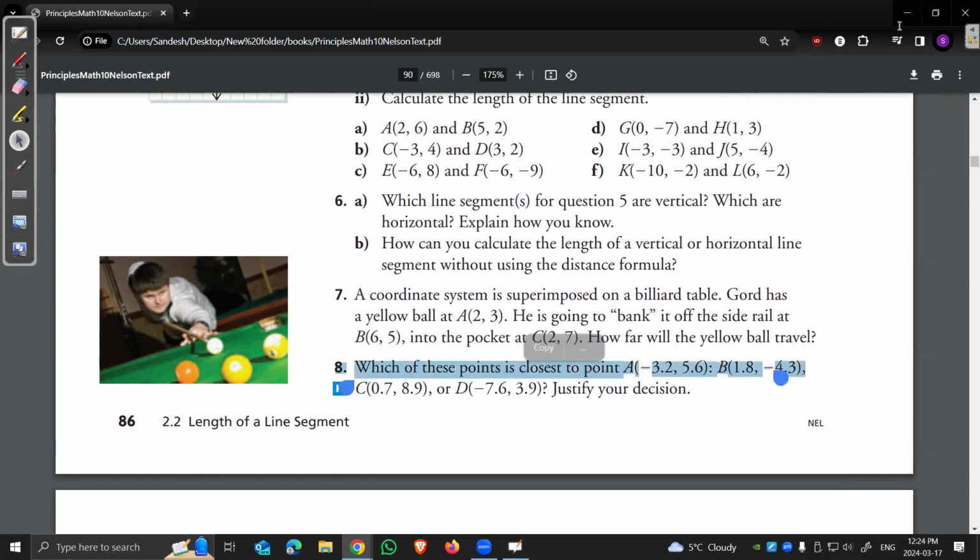It says, which of these points is closest to the point A? We have 3 different points, B, C, D. We need to find which one of them is the closest to point A. What do we do? You find the what?